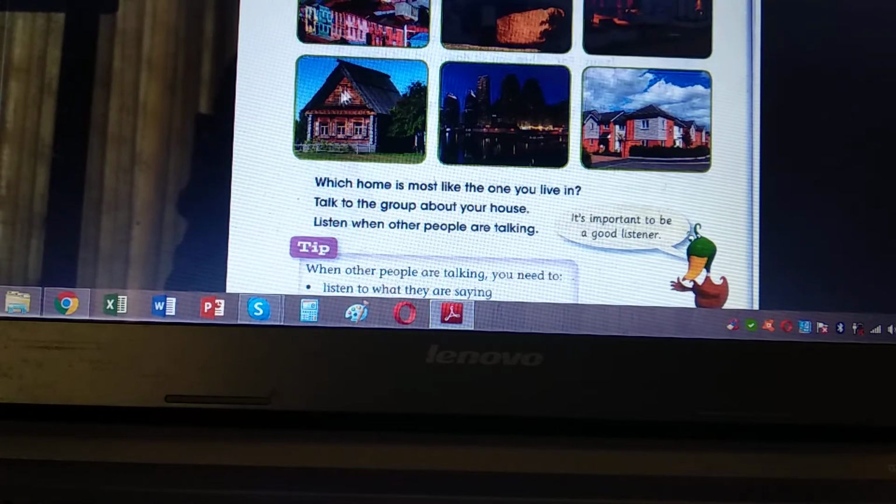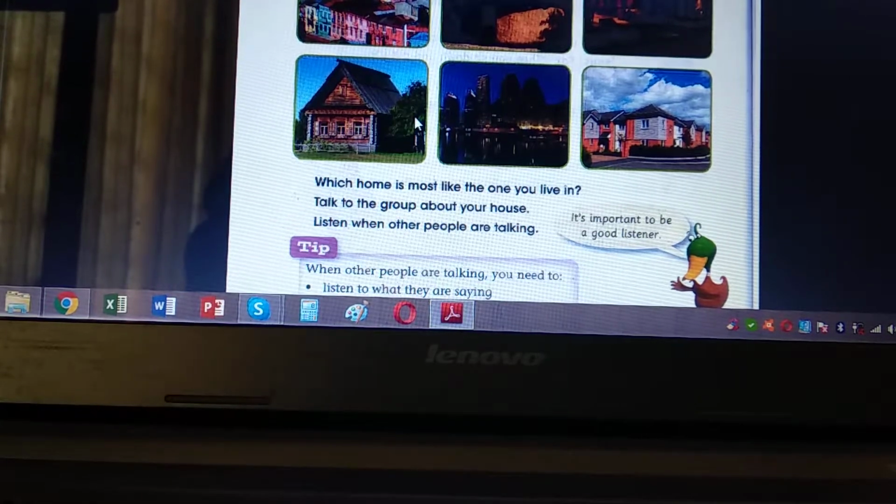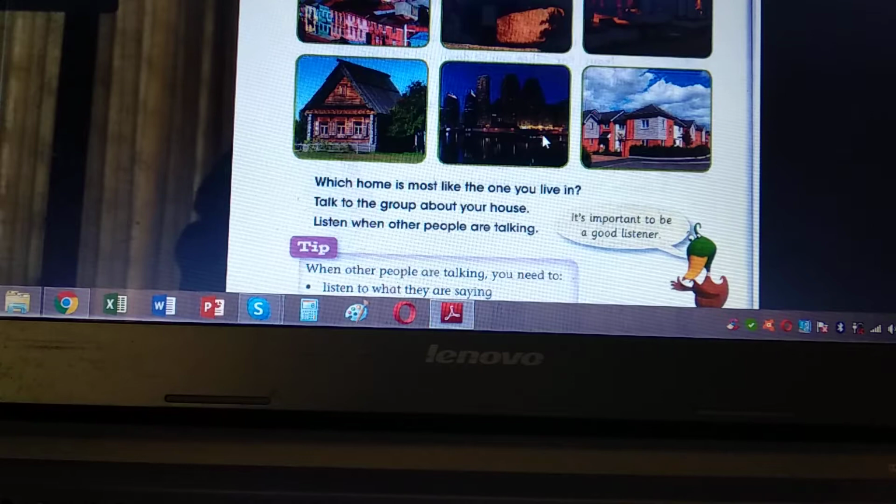This is a cabin. Cabin usually built in the forest or the rural areas. Okay, this is apartment or condominium. Okay, depending on the prices and everything. And the last one is a terrace house. Terrace house usually houses that are attached to one another.